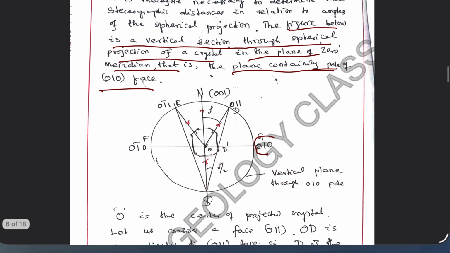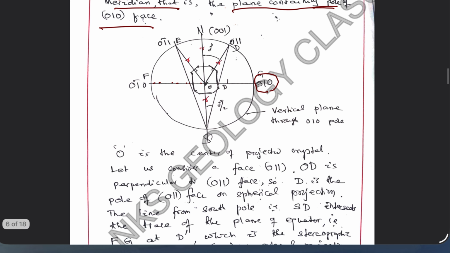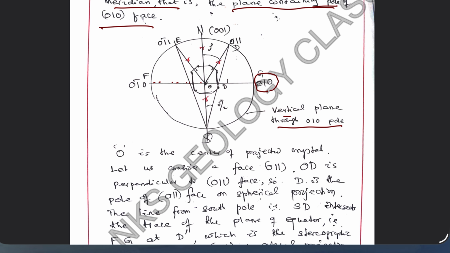This is the 0, 1, 0 face, this is a vertical section, and this is the trace of the equatorial line. O is the center of the projected crystal.